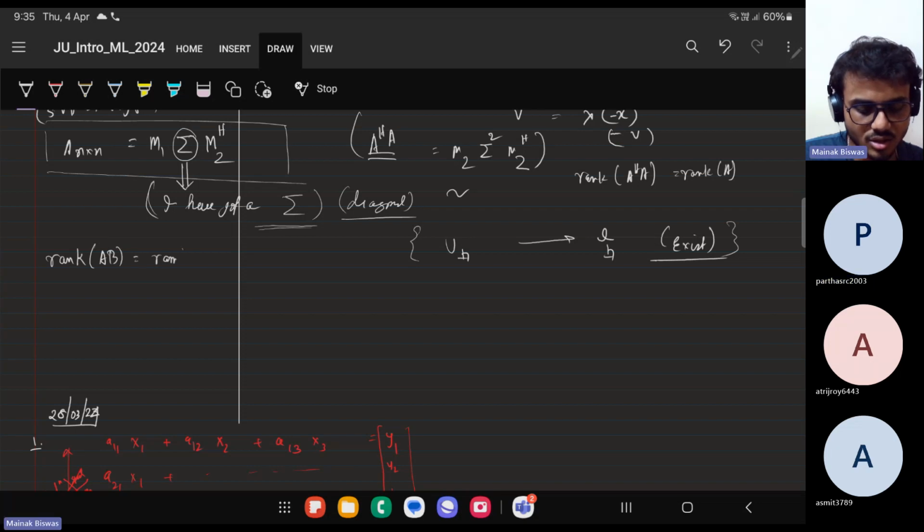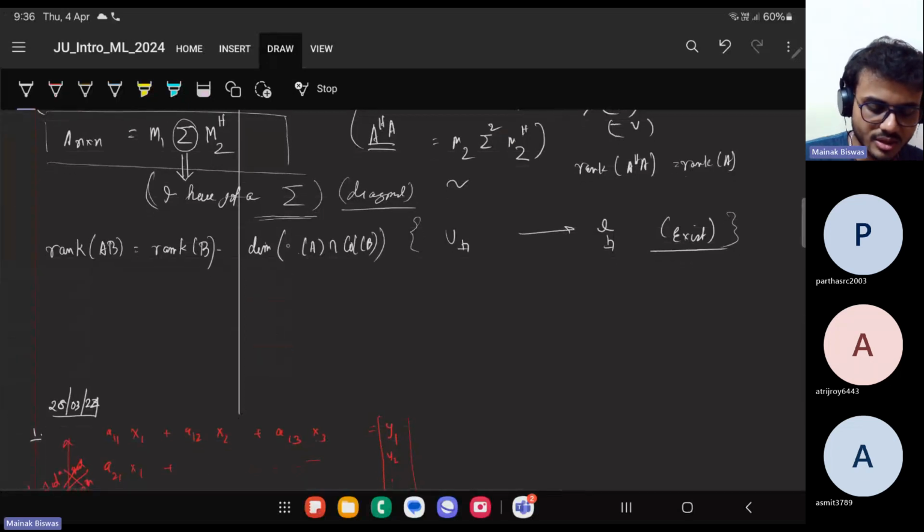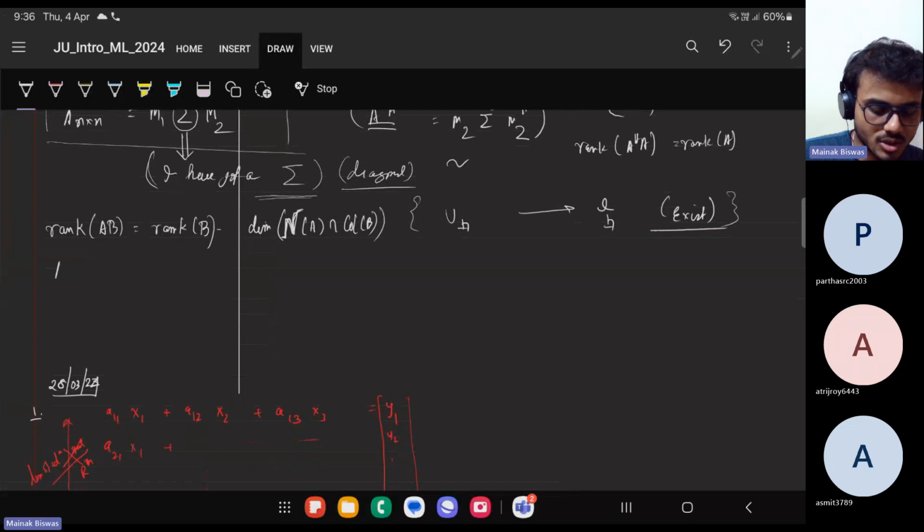Rank of AB is equal to rank of B minus the dimension of the null space of A intersection column space of B. Just tell me which is the case: range space of A or null space of A? Null space of A intersection column space of B. So now tell me, if it is A A transpose, what will you get?